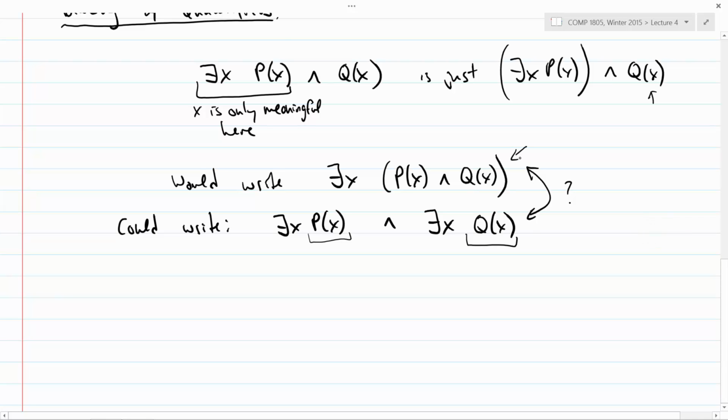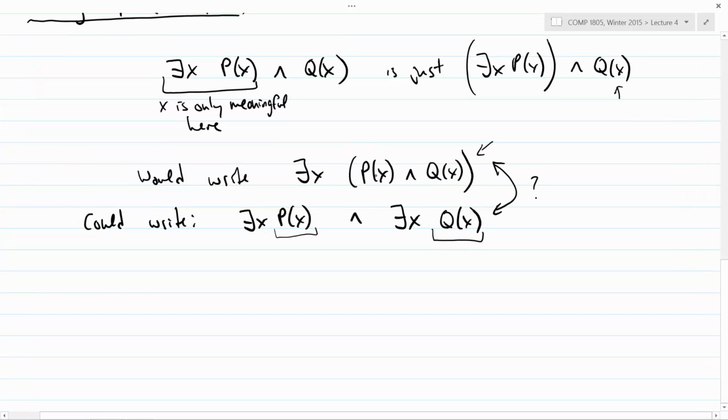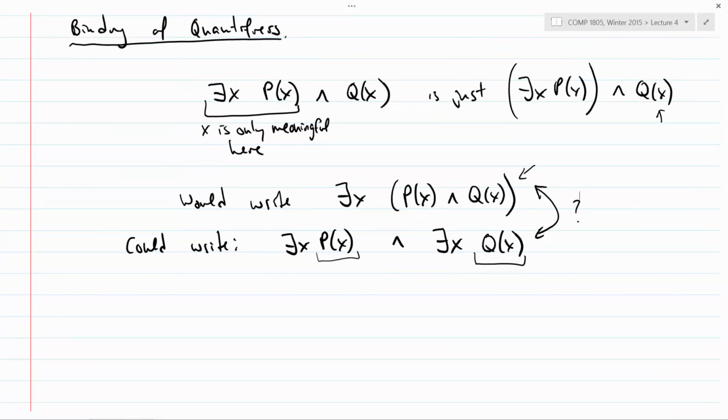So this first thing on top is going to be false. However, the second one would be true. The second one is true because this says there exists a number, an integer, that's even, and there certainly is such an integer. And the second one says there exists an integer that's odd, and there certainly is such an integer. So the very first one, this one on top here, this is saying that there exists an x and px and qx is true of the same x at the same time.